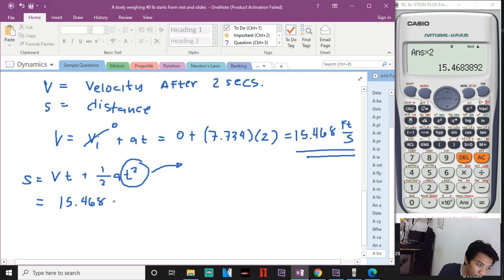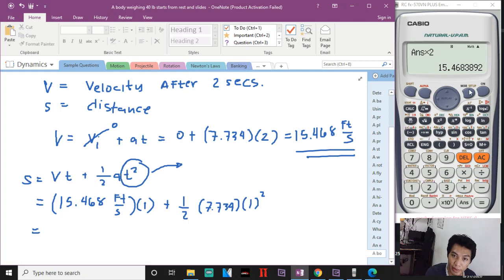So, you have V for initial velocity kasi yun na naging initial velocity mo. 15.468 feet per second times the time, which is 1. After, the third second nga daw eh. Plus, 1/2. Yung acceleration na given sa kanya, uniform naman yan, 7.734 times 1 squared. Okay. So, you'll have the distance traveled.